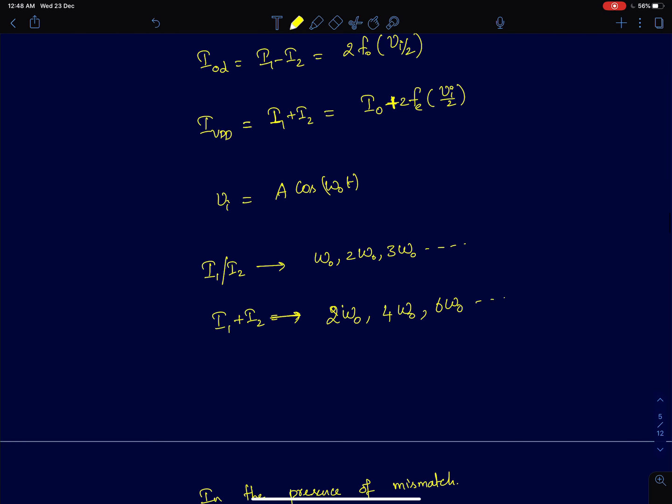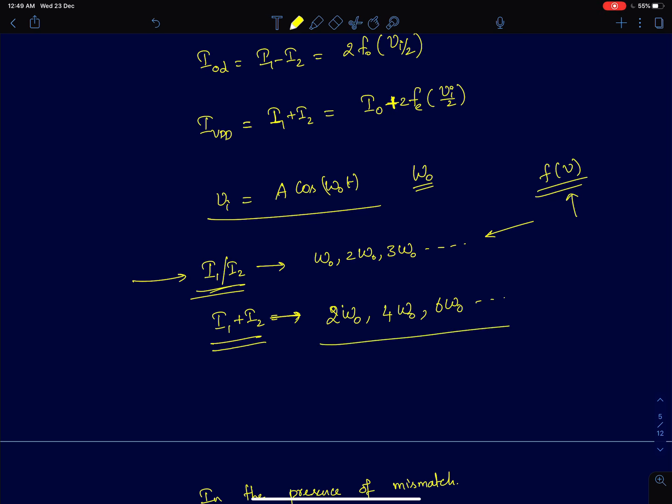So that's what I've written here. If I apply an input of certain frequency omega naught, then the individual currents I1 and I2 will contain all the harmonics of omega naught, which is determined by the nonlinear characteristics of the device. And the sum of the two currents, which is the current that is going to flow through the supply, will contain only even harmonics.